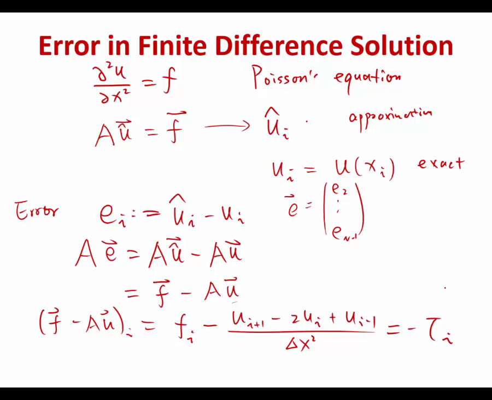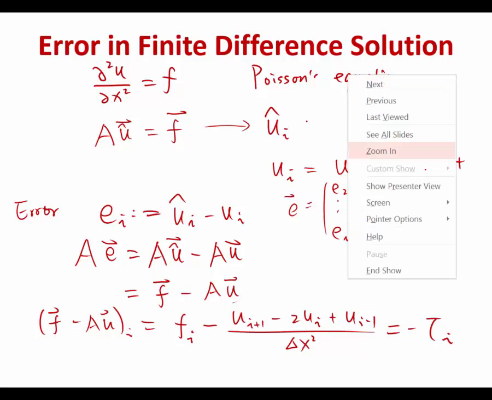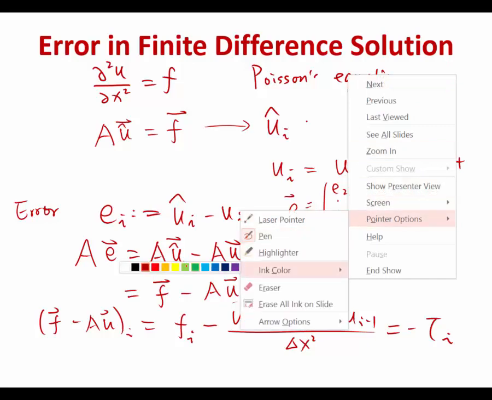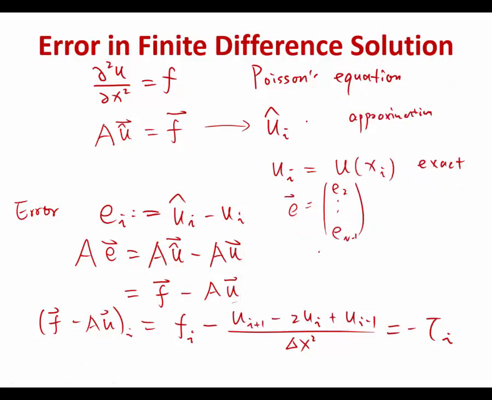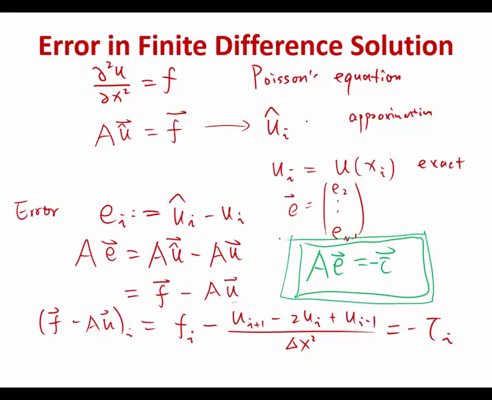Now, this analysis tells us that A times E is equal to minus tau, where tau is the vector of all the truncation errors. This is a very important conclusion. The differential operator operated on the solution error is equal to the truncation error, or minus the truncation error.